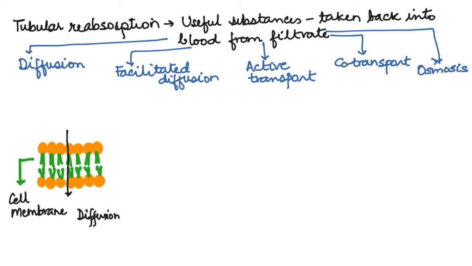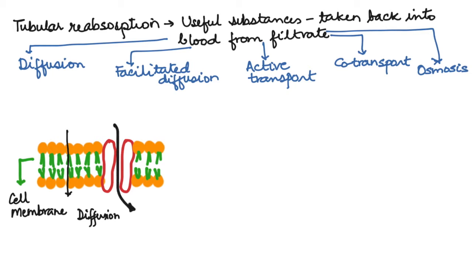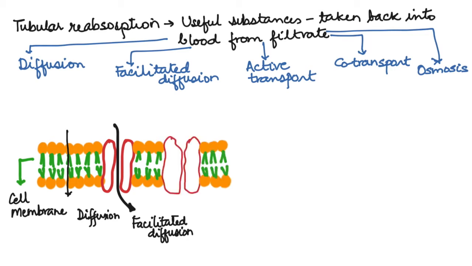Sometimes, even when the substances are in higher concentration, they are not able to cross the membrane directly and they require a channel protein to move across. So, when the substance moves from higher concentration to lower concentration with the help of a channel protein, this is called facilitated diffusion. These are the ways by which the substance moves without spending energy.